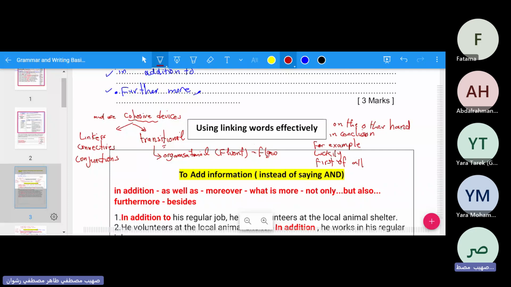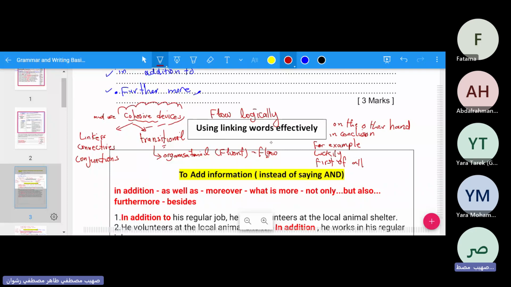So to connect ideas, to link ideas together, to make your ideas flow logically, we must use cohesive devices, which are divided into linkers or connective words and transitional phrases or transitional words.